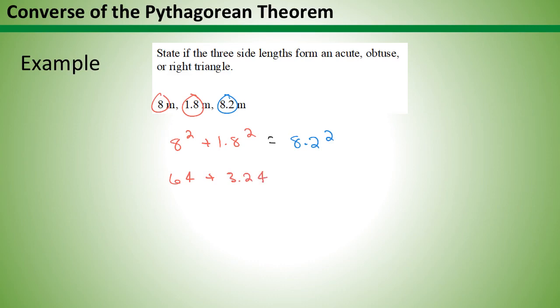If I add those together, 67.24. And then 8.2 squared is also 67.24. So since these are exactly the same, this is a right triangle.